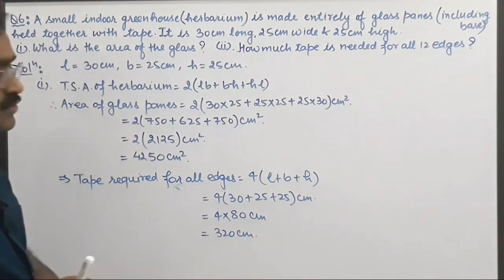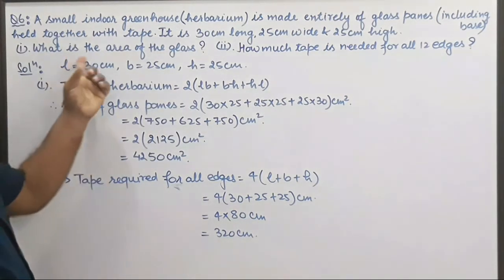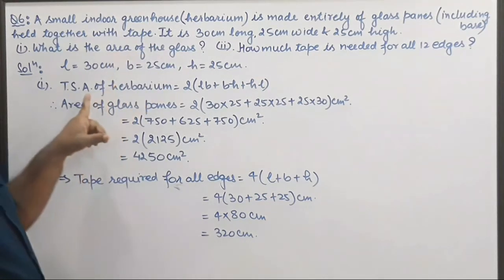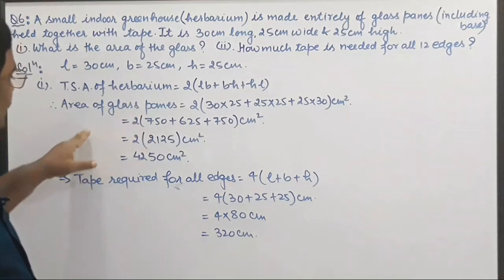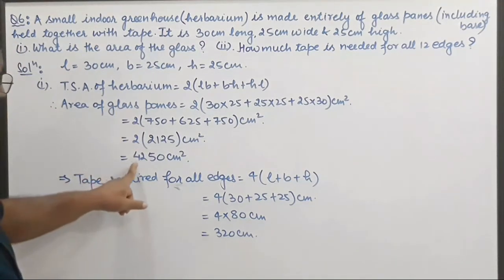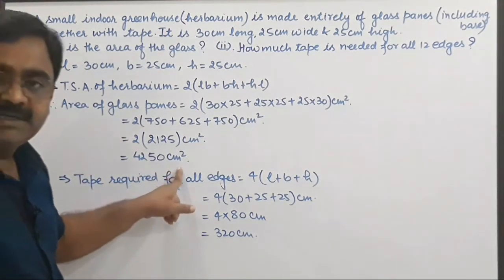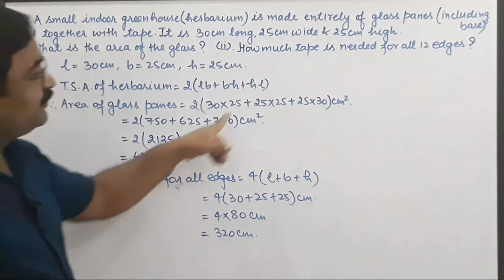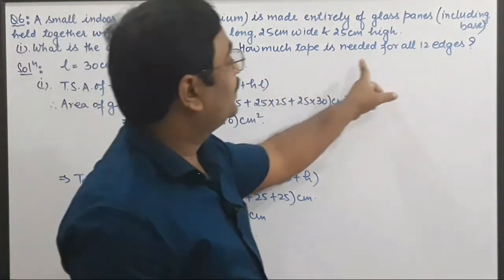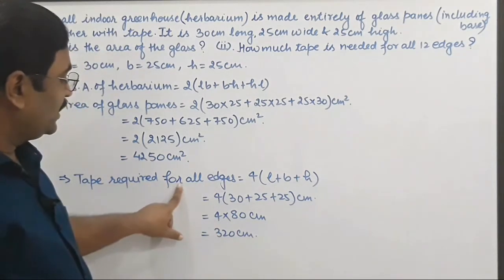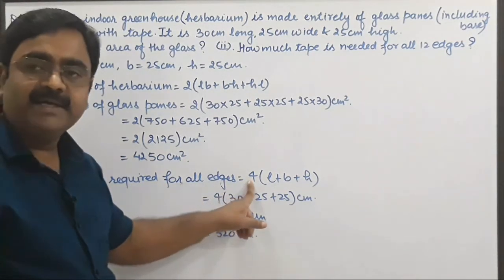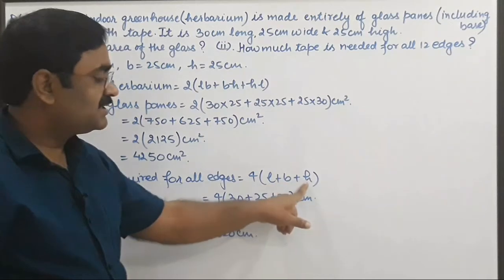Right friends, so to find the area of the glass panes, we need to find the total surface area of this cuboidal box. So we got the area of glass panes is equal to 4250 centimeters square, and to find the tape required for all 12 edges, the length of all tape is equal to 4 multiplied by length plus breadth plus height.